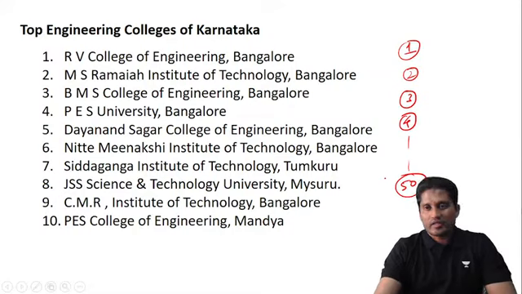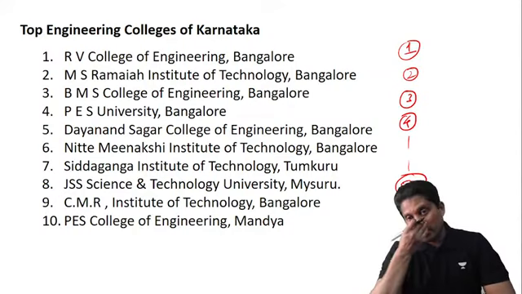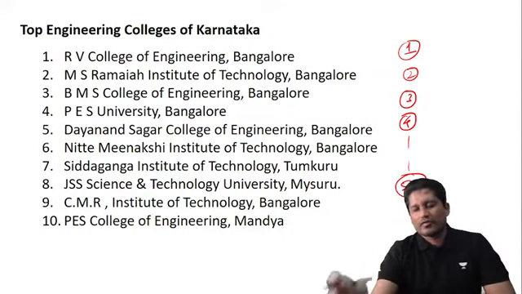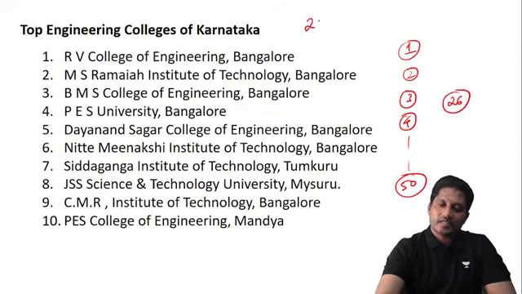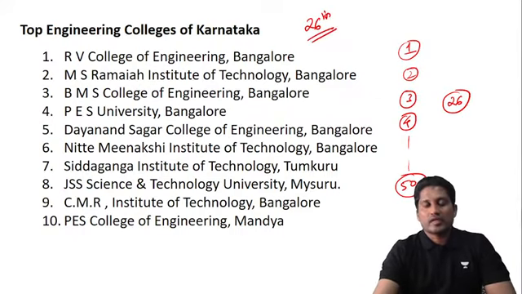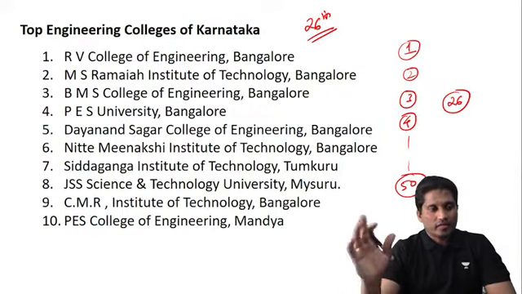And in round one, let's say you get college number 26 in KCET round one, and you say I don't want this seat and I go for the next round, or I block this seat and I go for the next round.